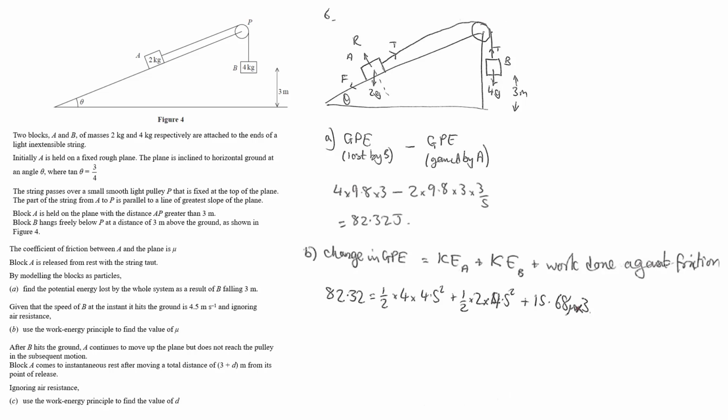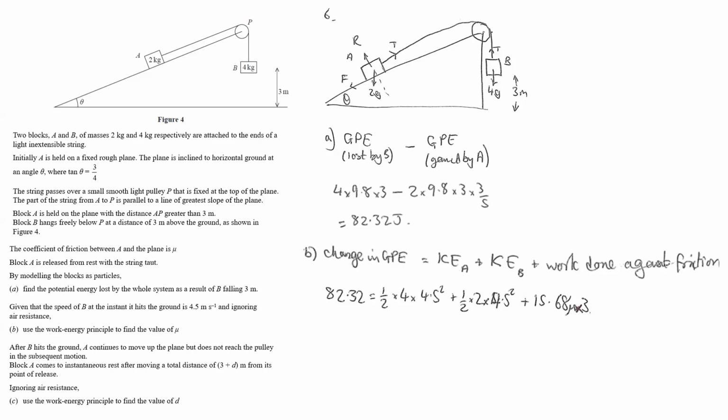Now, the work done against friction is the actual friction times the distance. That 15.68, the working of which I haven't included, is the reaction. That's going to be 2g times cos theta, like how we normally find the reaction.